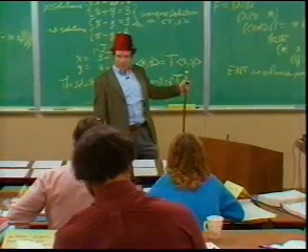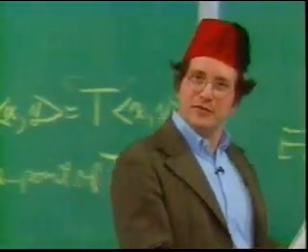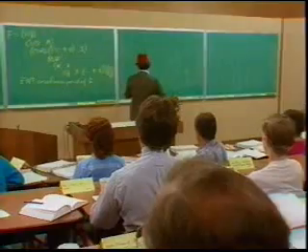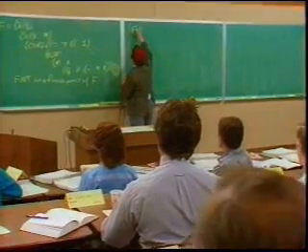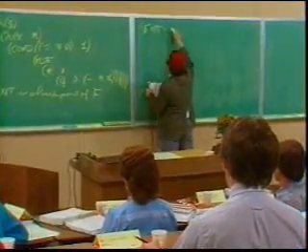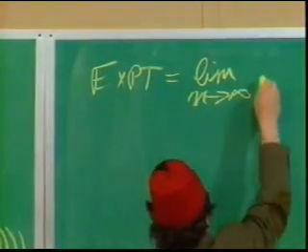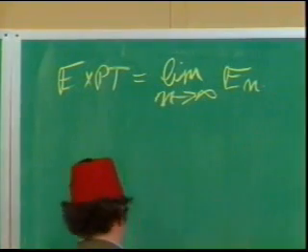And they proved by topology that there is such a fixed point in the cases that we want. But the assertion is expt is the limit as n goes to infinity of En.